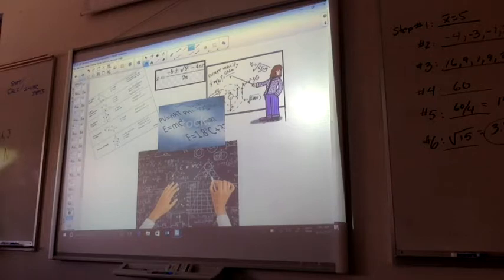PV equals nRT. Does anyone know what PV equals nRT is? It's a chemistry term. It's the ideal gas law. Pressure and volume are P and V. N is the constant. It's 0.0821. And then R is the reaction. T is the time.